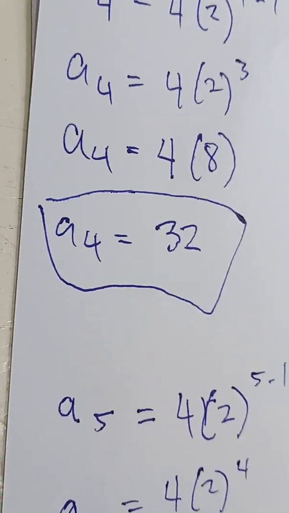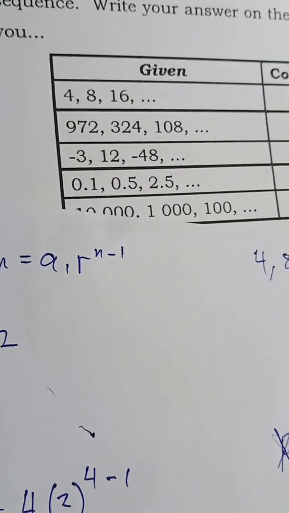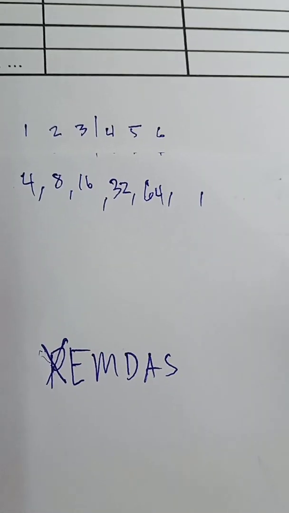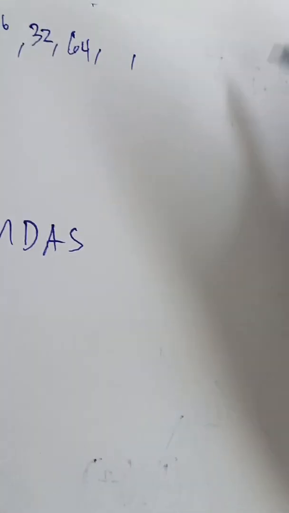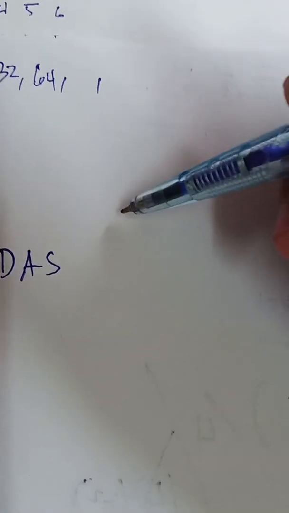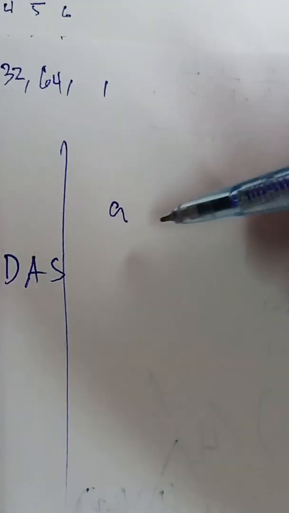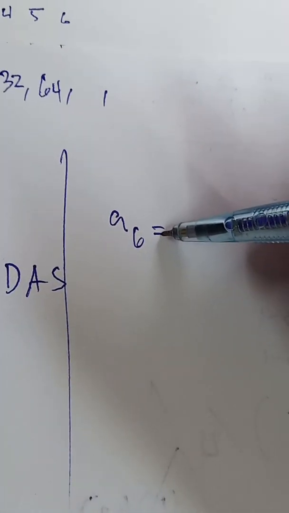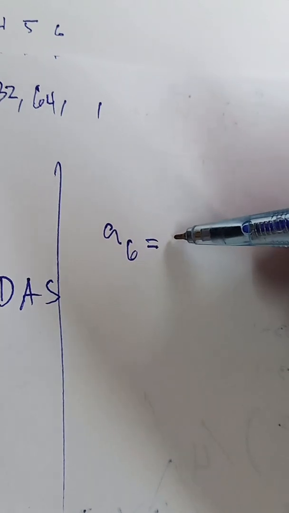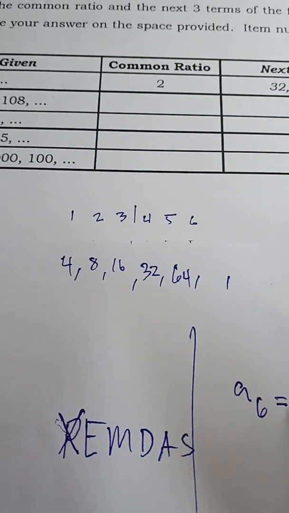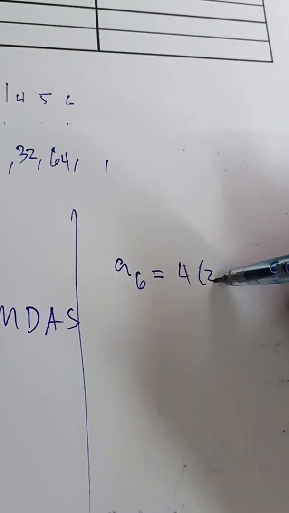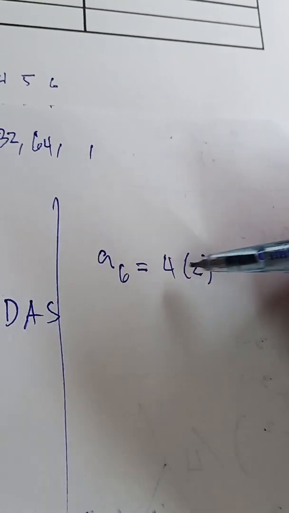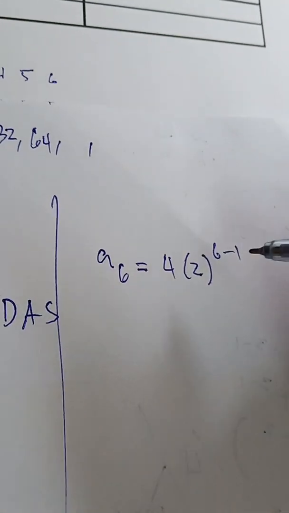Okay, for the last term, which is yung pang-anim. A sub 6 is equal to a sub 1, which is 4, times 2 for the ratio, and then 6 minus 1.